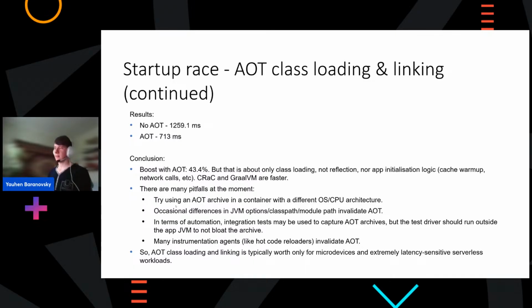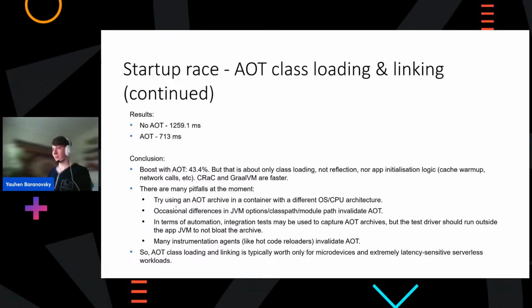This must be the same CPU architecture. This must be the same JVM distribution. This must be the same JVM settings. And on top of that, you cannot use any instrumentation agents like those for hot code swapping or even profiling, which is not that good. So probably these aspects will improve in the future.